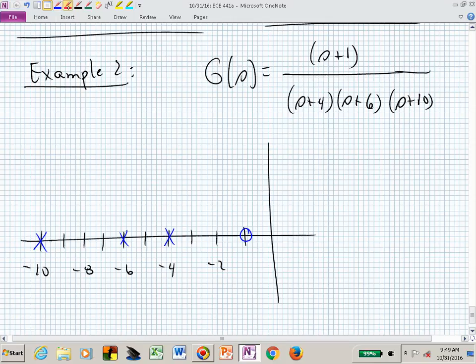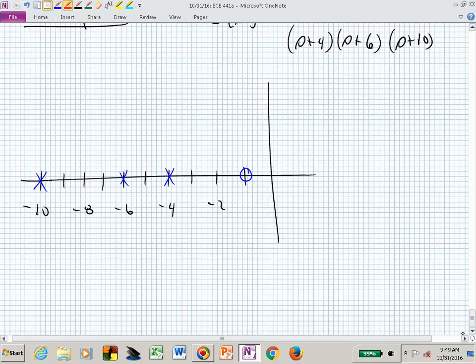And which line segments belong to the root locus? From -1 to -4, that's a part of the root locus, right? -4 to -6, yes or no? No. -6 to -10, yes.